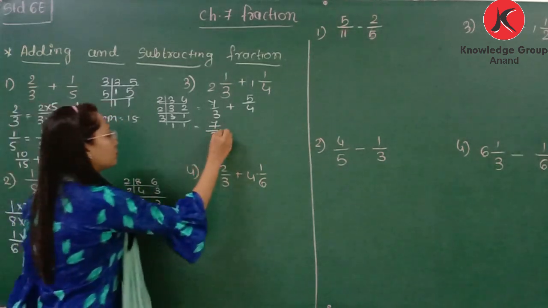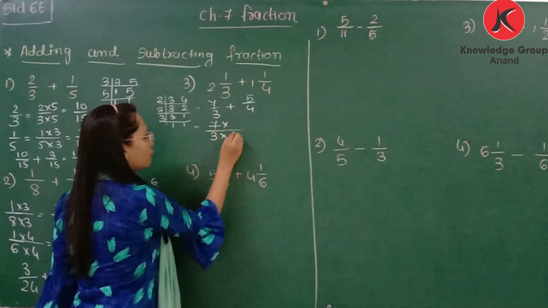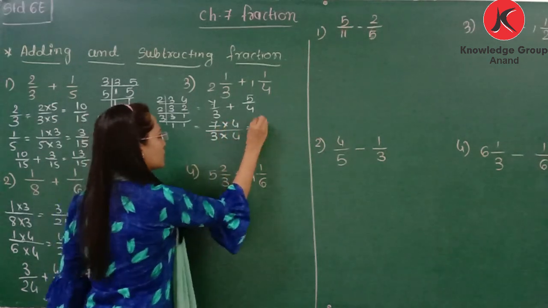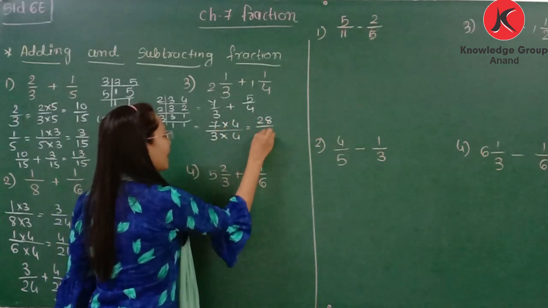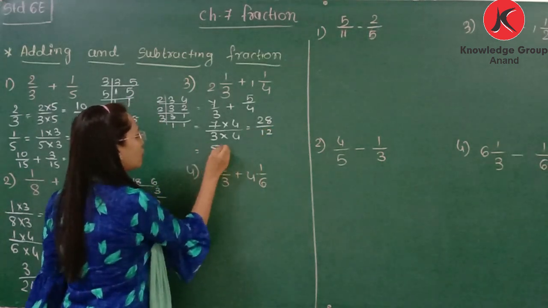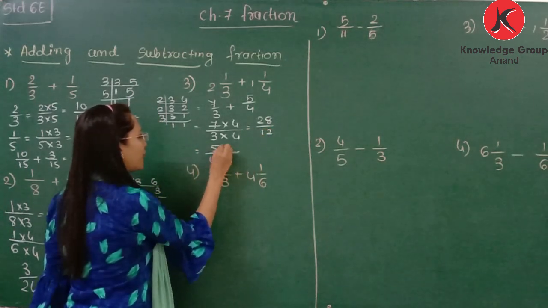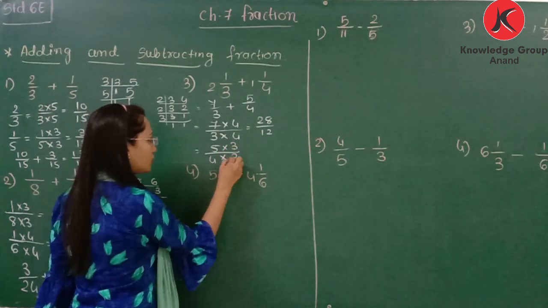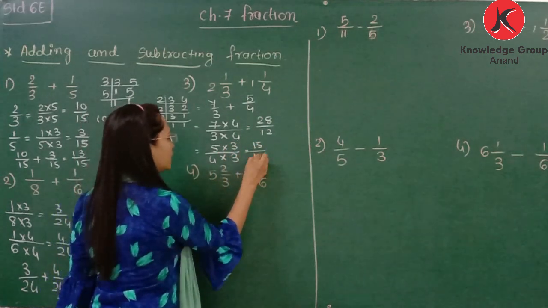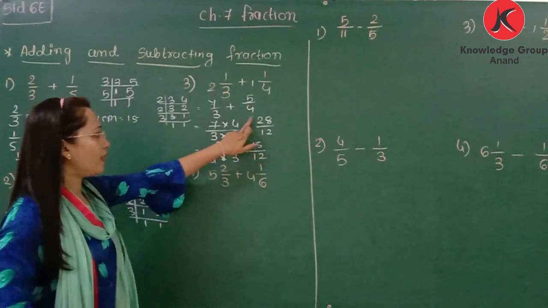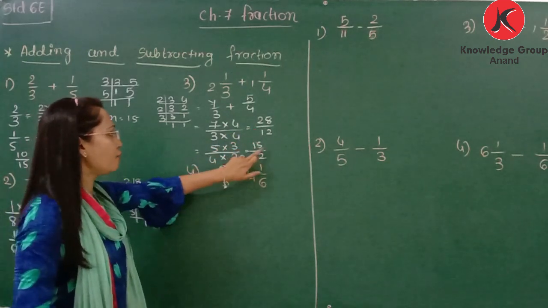So now make 7 by 3 with denominator 12. Here we should multiply with 4. So it is 28 by 12. And 5 by 4 is multiplied with 3. 15 by 12. Now add 28 by 12 and 15 by 12.